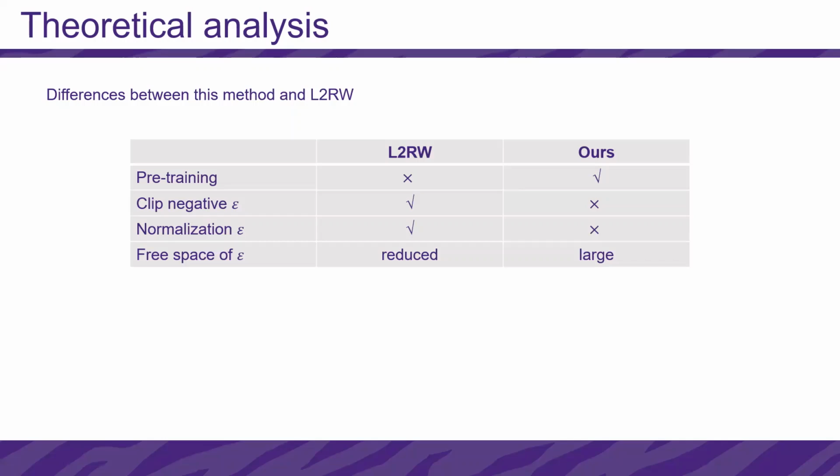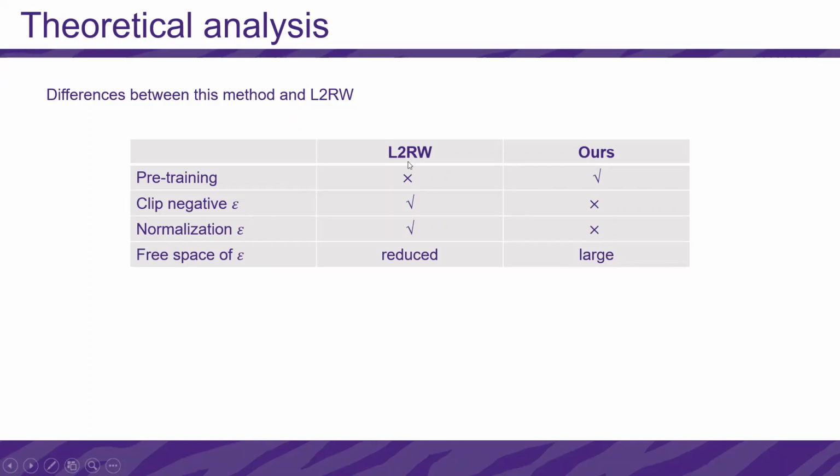So here are the differences between the method in this paper and the learning to reweight. The learning to reweight is another method in the long-tailed problem. They also use the class-wise weight and the conditional weight, epsilon.